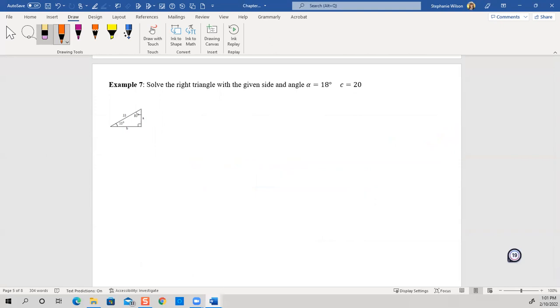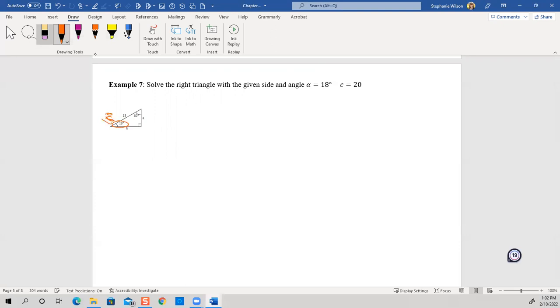Now again, I found a picture that was easier than drawing one, but if you notice, the angles are not the same, so I do apologize. Let's go ahead and label and change them out right quick. We have this here as my alpha, and we said it was 18 degrees.